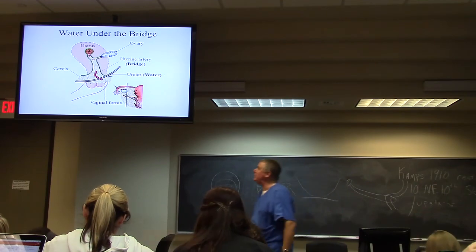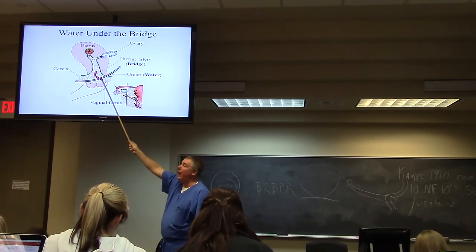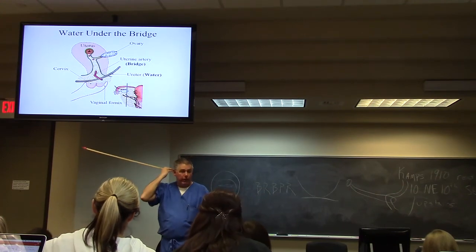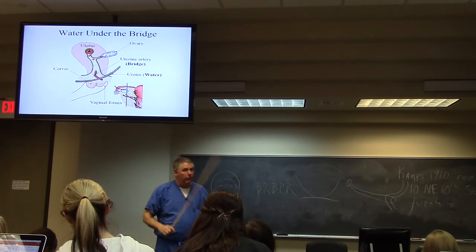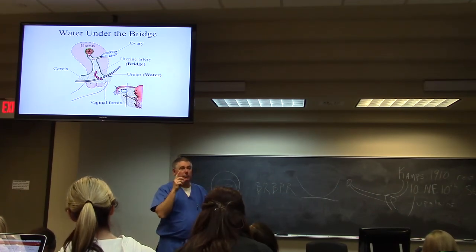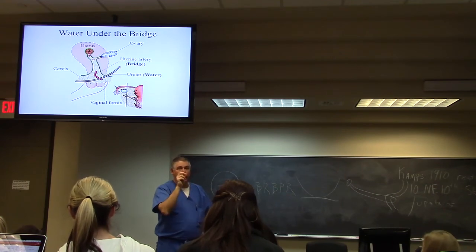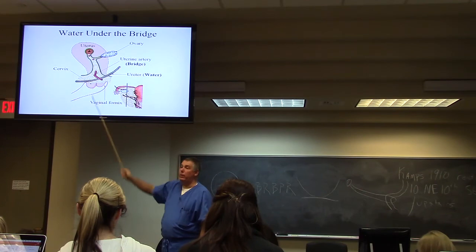The point of this whole slide is that the location of the ureter is right up under the uterine artery. It becomes very important when you're removing the uterus, that the gynecologist, when they're putting vascular clips on there, don't clip the ureter.